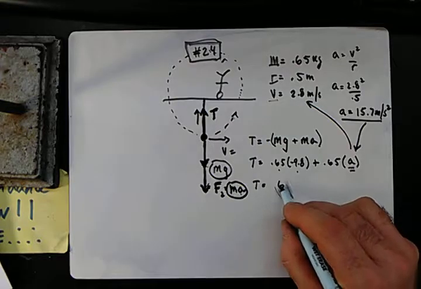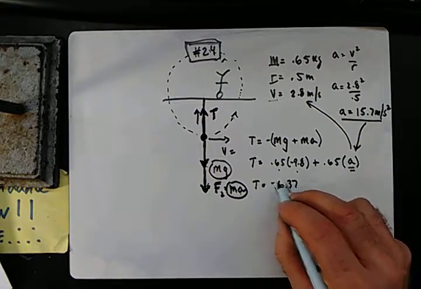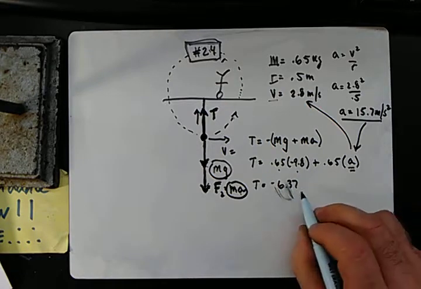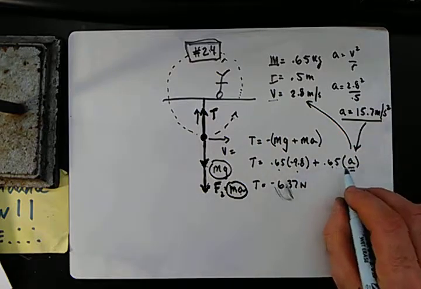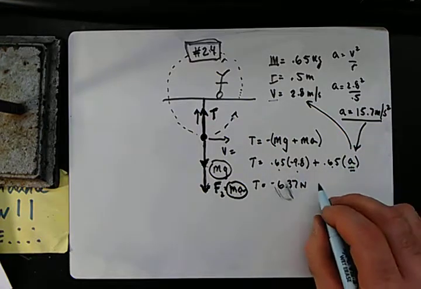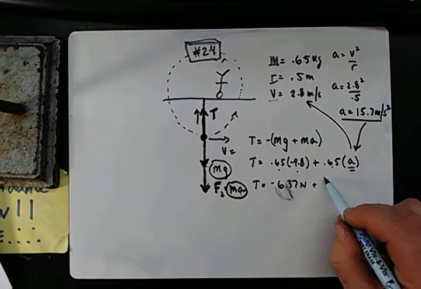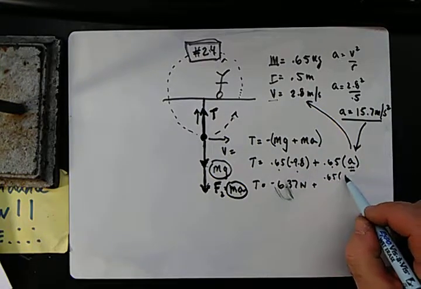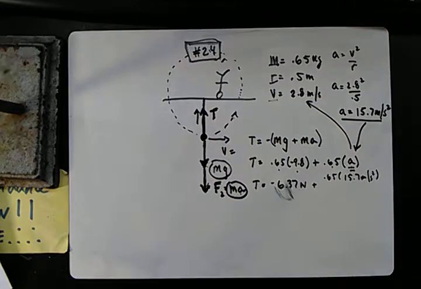The weight is 6.37 newtons. The acceleration times the mass would be 0.65 times 15.7 meters per second squared. So let's take a look at it.